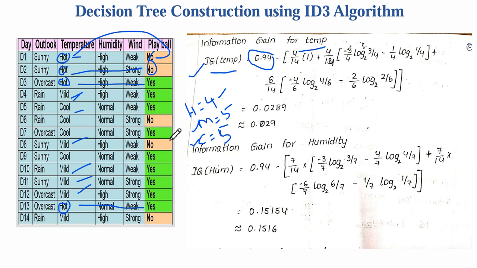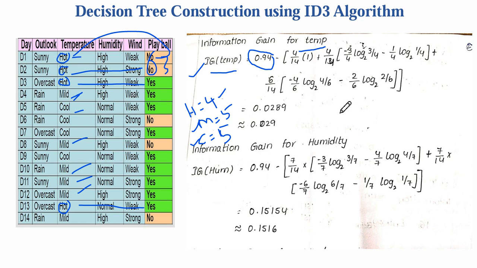This point I also discussed in the entropy session: if the particular feature values are equally distributed across the classes, out of 4, 2 records belong to the no class and 2 records belong to the yes class. That's why its entropy is 1.